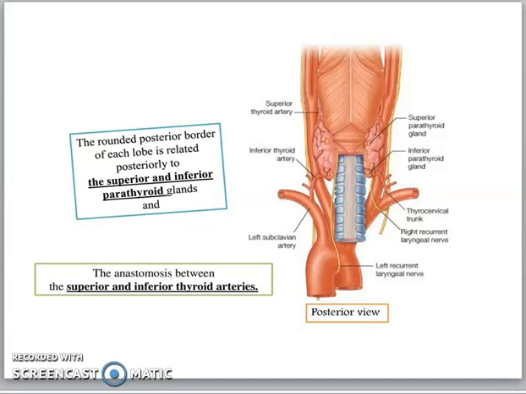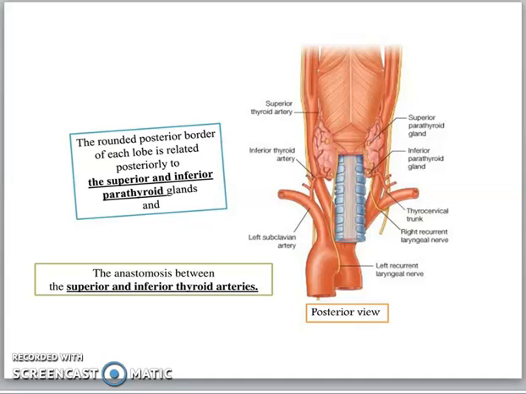So those at the superior pole, posteriorly, are the superior parathyroid glands, and those at the lower or inferior pole of the thyroid lobes are referred to as the inferior parathyroid glands. Recall, the left and the right poles also carry their superior right, superior left parathyroid gland, inferior right, inferior left parathyroid gland, posteriorly.